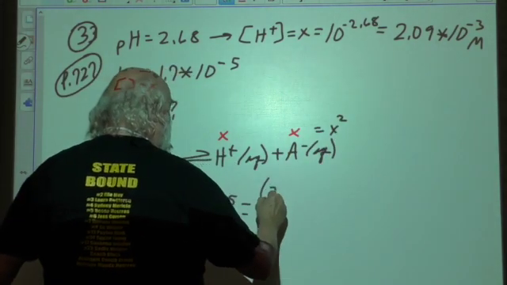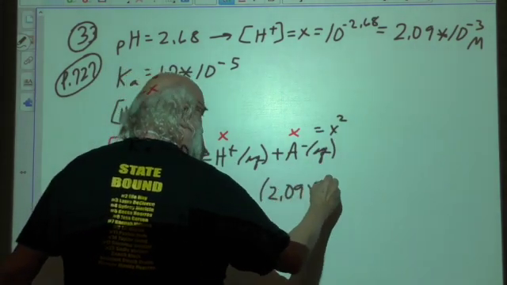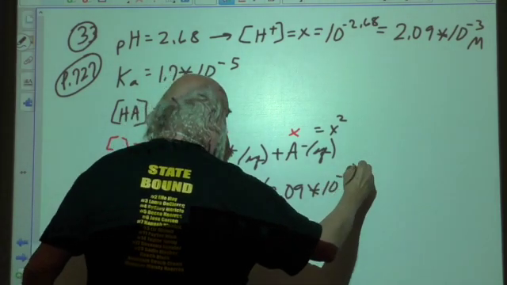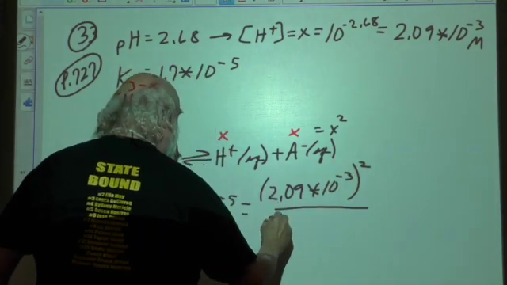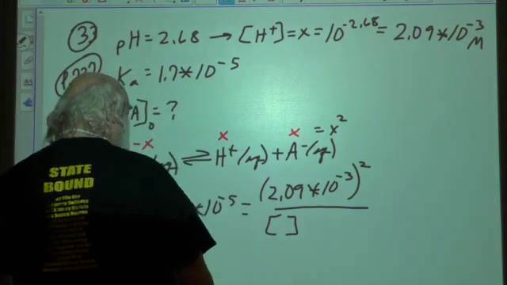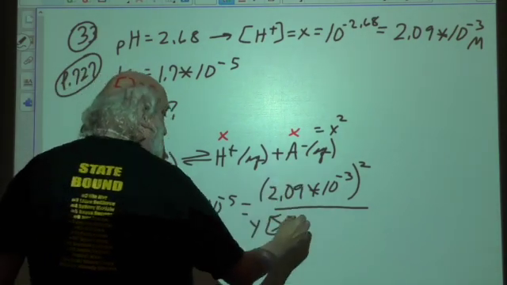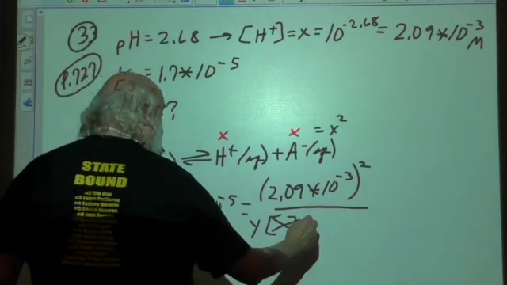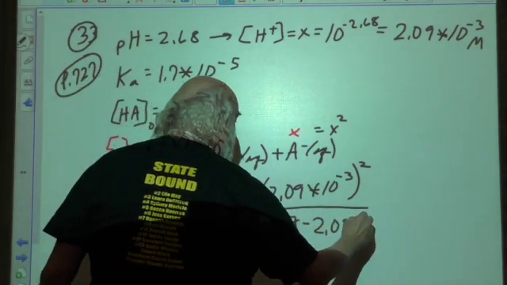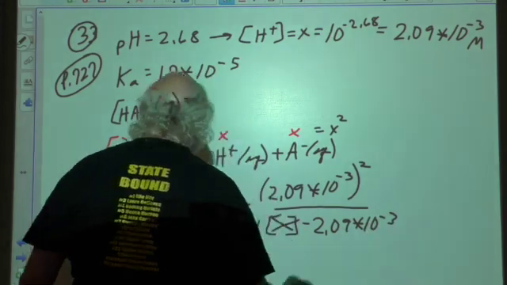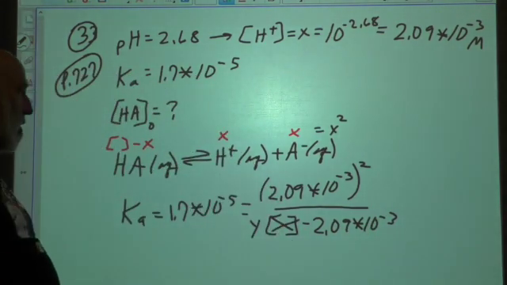So this is 2.09 times 10 to the negative third squared over some concentration, which I'll call Y now. Let's call it Y. Why not? Minus 2.09 times 10 to the negative third, since it's minus X. Clever that way.